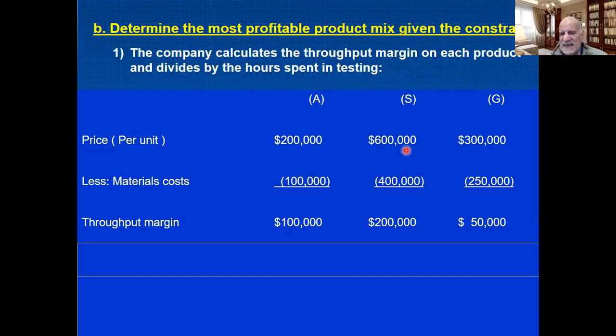For the second product, the throughput margin is $200,000. As for the third product, it is $50,000. This is the throughput margin.